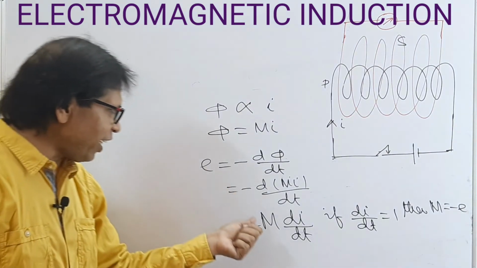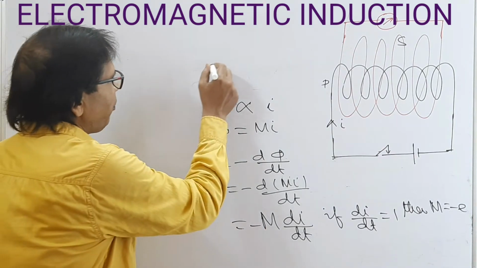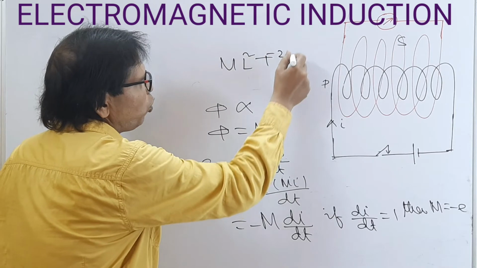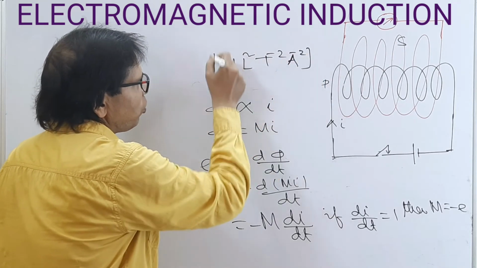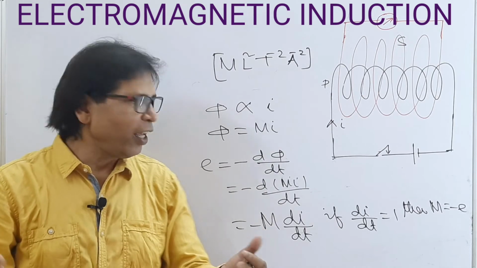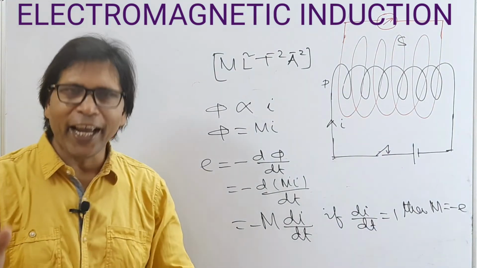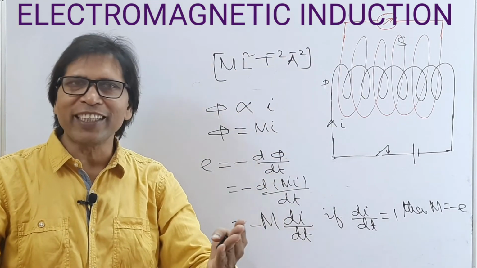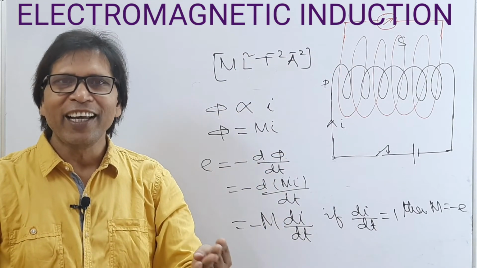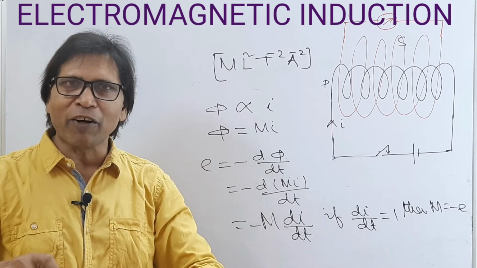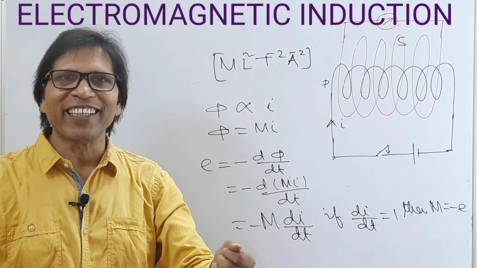Its unit is Henry and dimension is M L square T to the minus 2 A to the minus 2. The mutual inductance between the two coils is said to be 1 Henry if 1 volt EMF is induced in the secondary coil due to a unit rate of change of current in the primary coil.